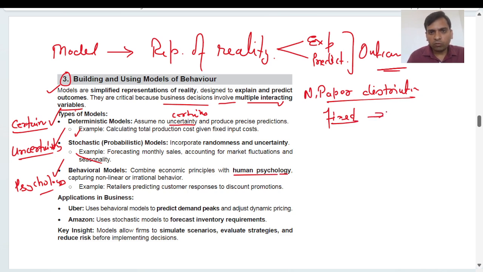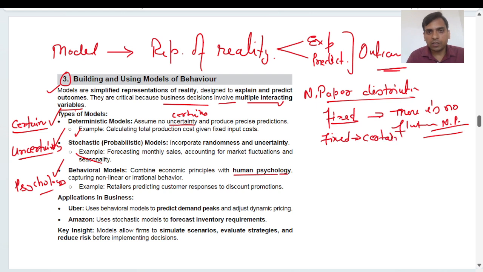There is no fluctuation in demand for newspapers. So in this case, we can find exact costs related to transport, production, and raw material. So we can find fixed cost because the demand is fixed. Demand is certain, not uncertain. So when things are fixed, when things are in determinable form, we can apply these deterministic models.